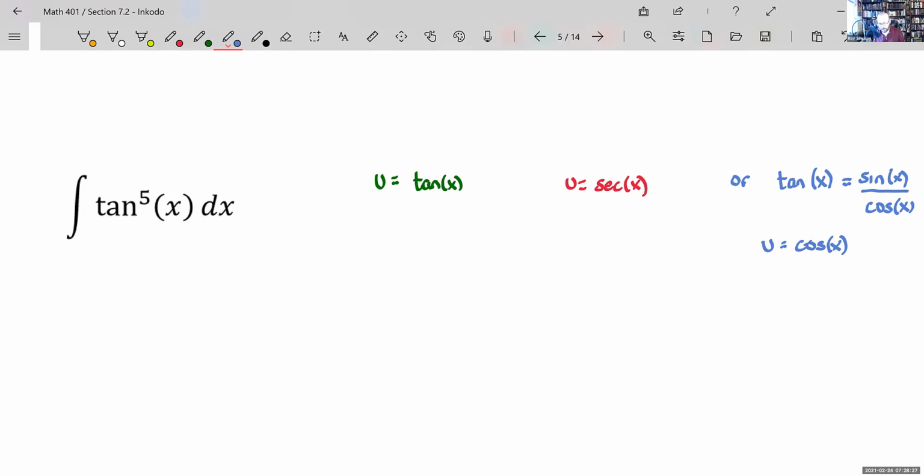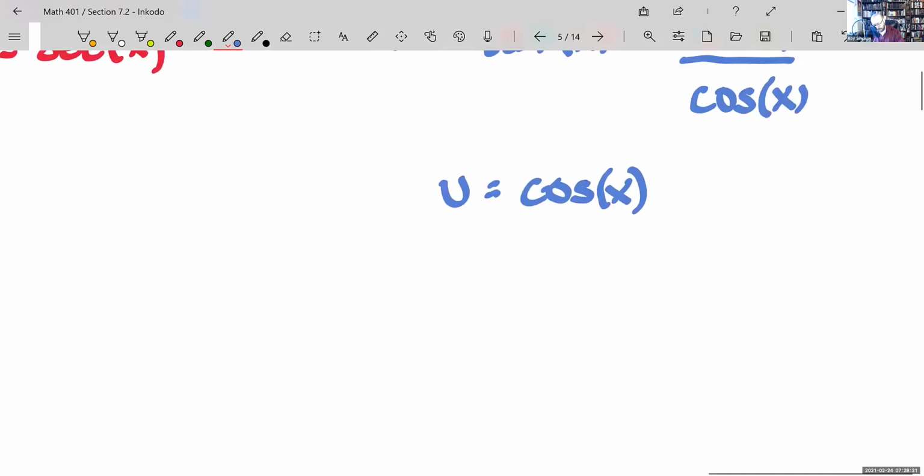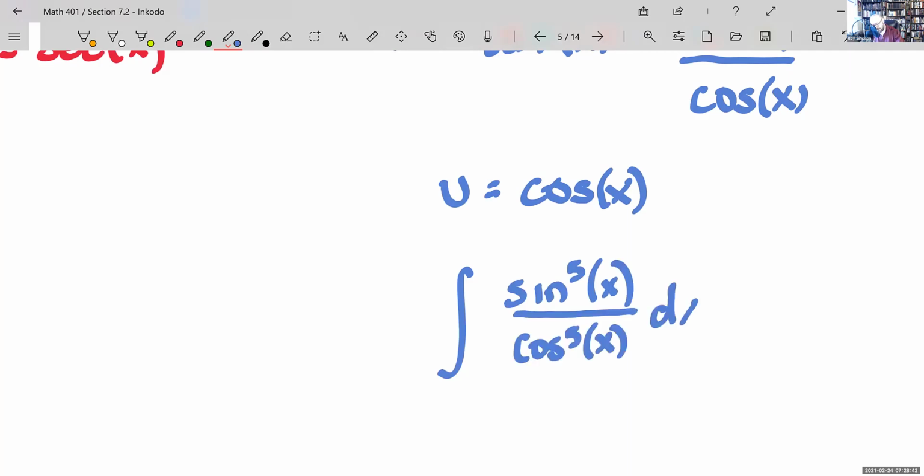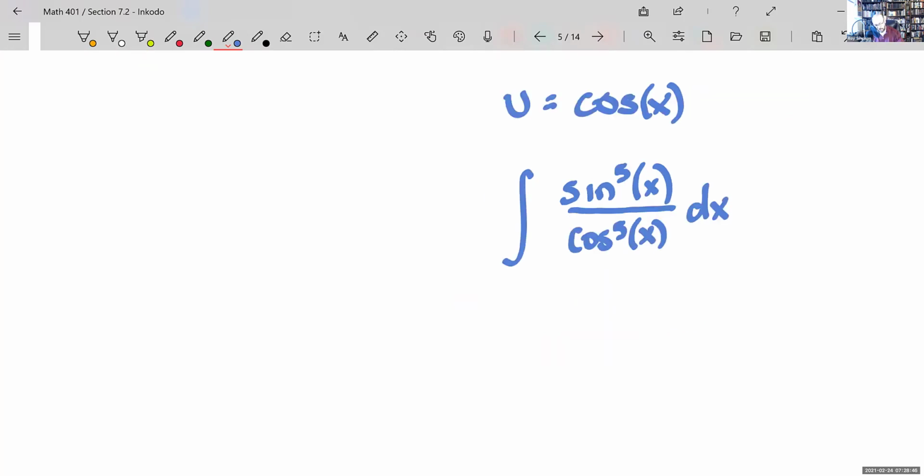And that U equals cosine would steal a power of sine away. In fact, let me go ahead and showcase that down here. You'd have integral of sine to the 5th of X over cosine to the 5th of X. Doing it this way, there's nothing wrong, because if you do the substitution U equals cosine, then du is going to be a negative sine of X dx.